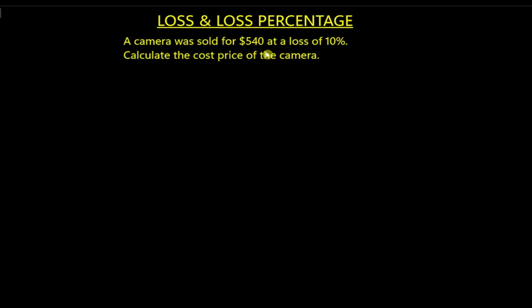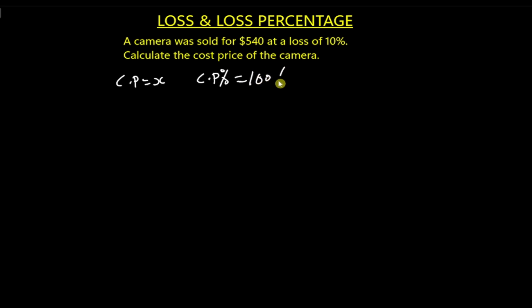The first one, the selling price. But before that, the cost price. The cost price is unknown. So let's represent any unknown figure or quantity by a variable. So the cost price is x, and the cost price percent. I said that always the cost price percent will not be given, but it's always 100%.